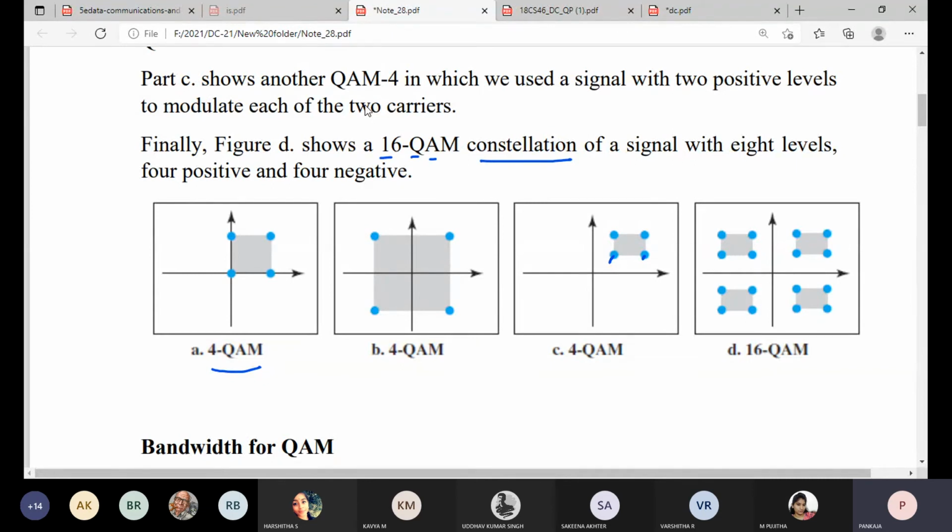Why 4? Because you are representing 4 signal elements. It is in the same phase but different amplitude. Here the amplitude is the same but different phases. So a different combination of constellation diagrams can be represented for QAM.